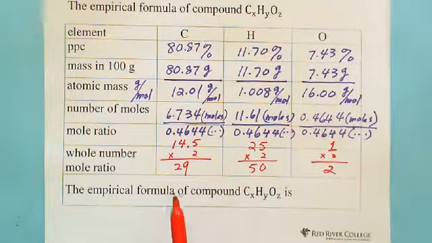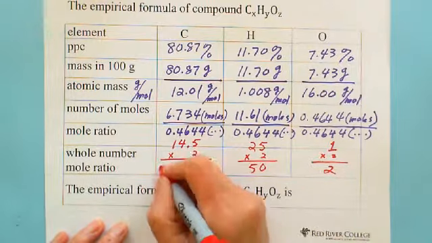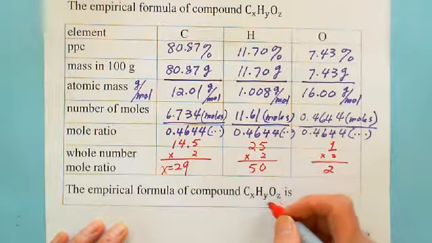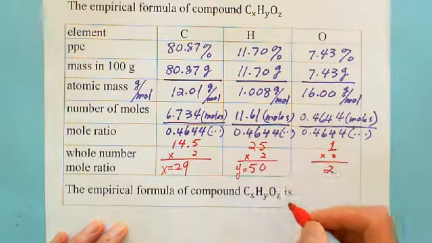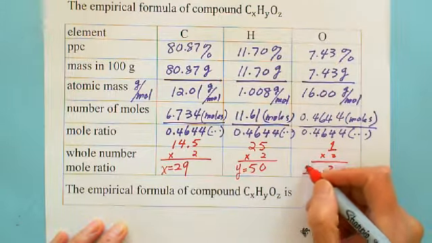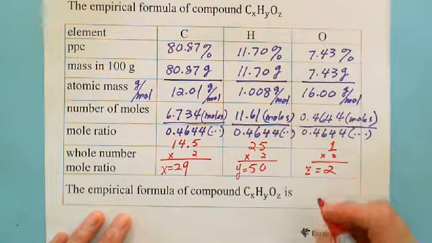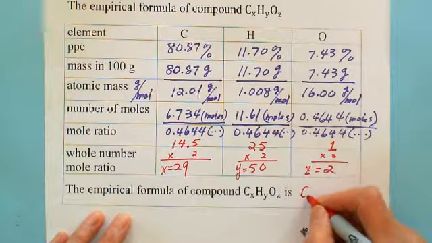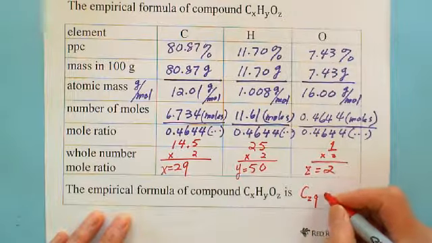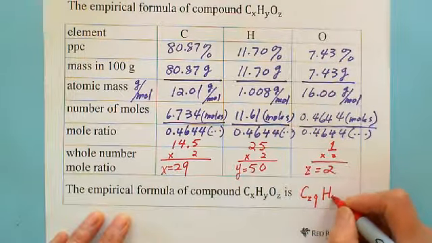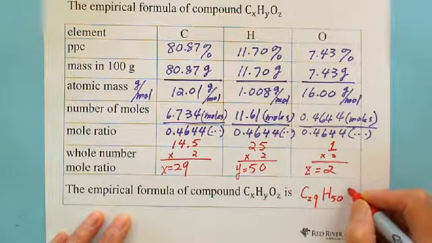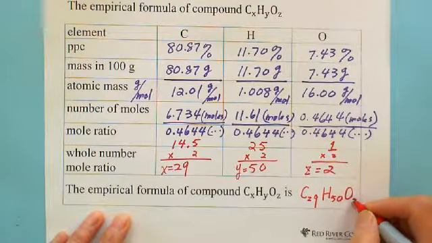This is the empirical formula. So x equals 29, y equals 50, and z equals 2. That's the simplest form of this compound: C29H50O2.